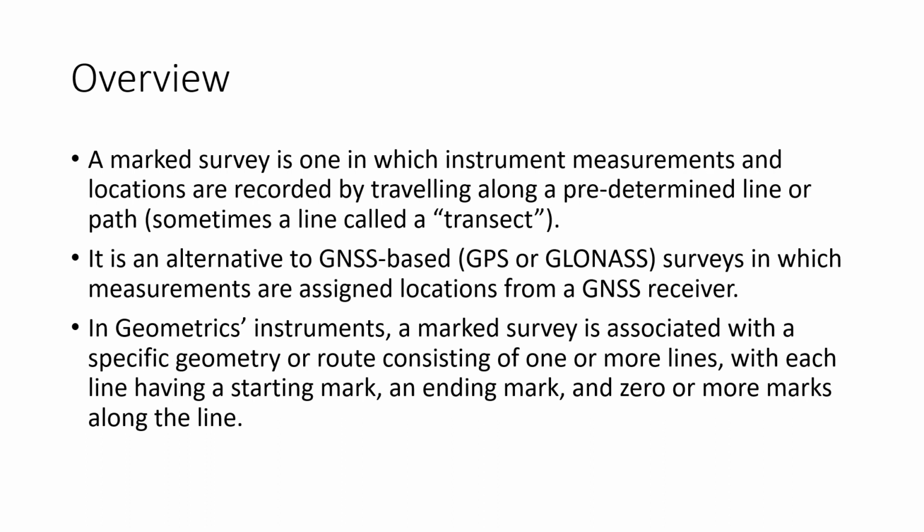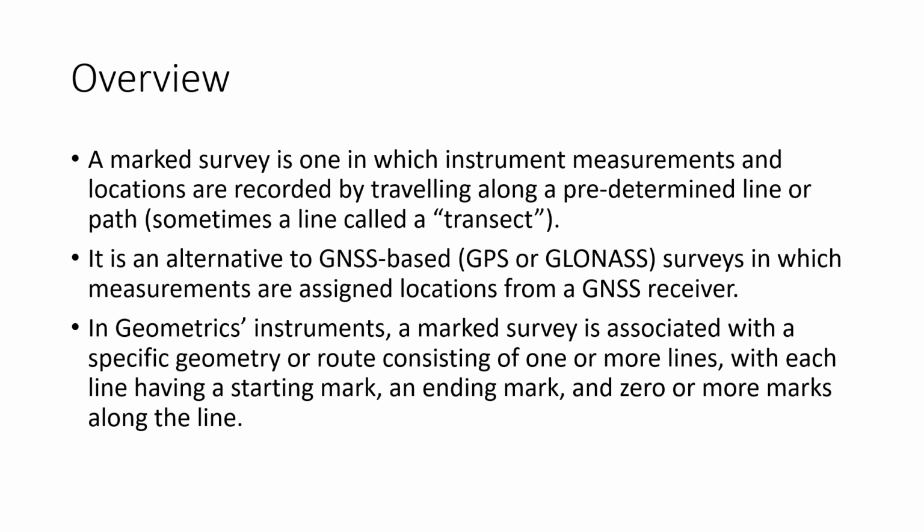A marked survey is one of the two main ways of navigating a survey site. It's an alternative to GPS surveying, where you go around your site and you get locations out of a GPS.